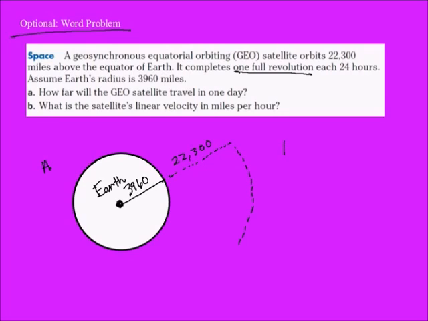So for A, your radius of that big circle is 3,960 plus 22,300. And your radius here is going to be 26,260 miles. Okay. And how far will the GEO satellite travel per day? That's arc length. How far is it going to go around your circle? So that's S equals R theta.